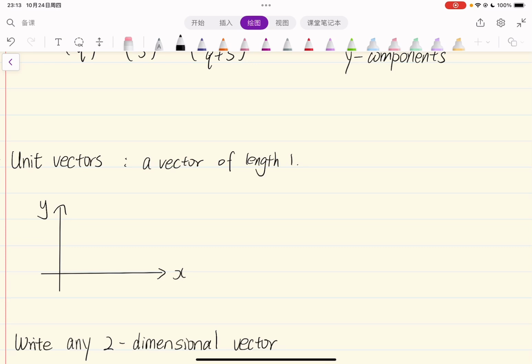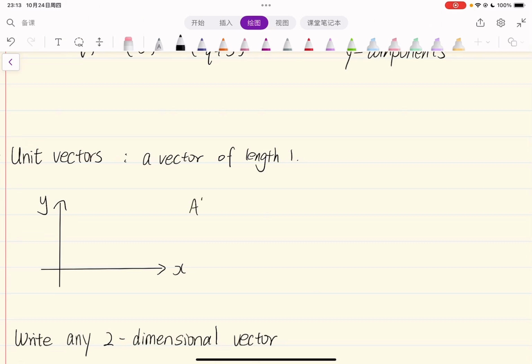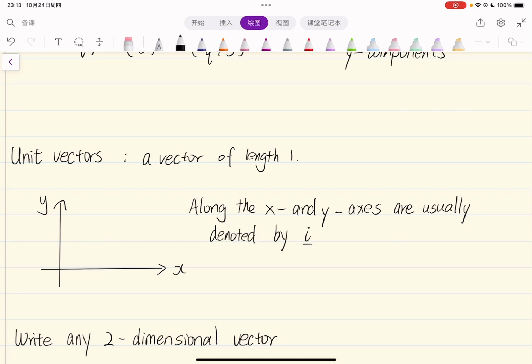The unit vectors along the x-axis and y-axis are usually denoted by i and j, respectively.